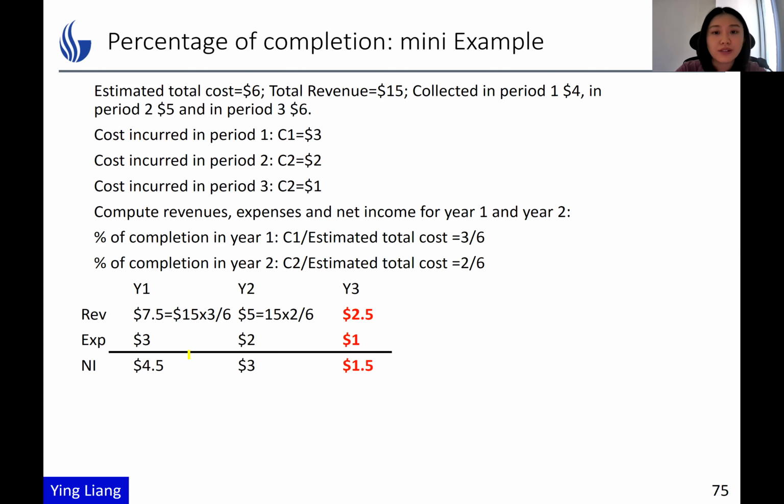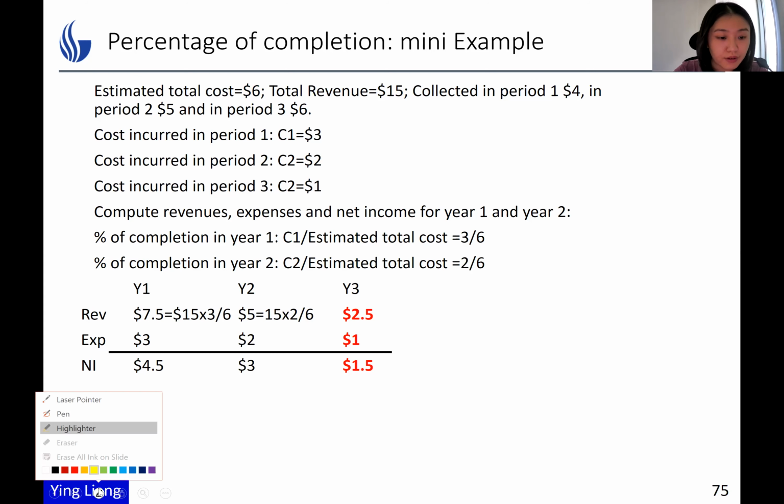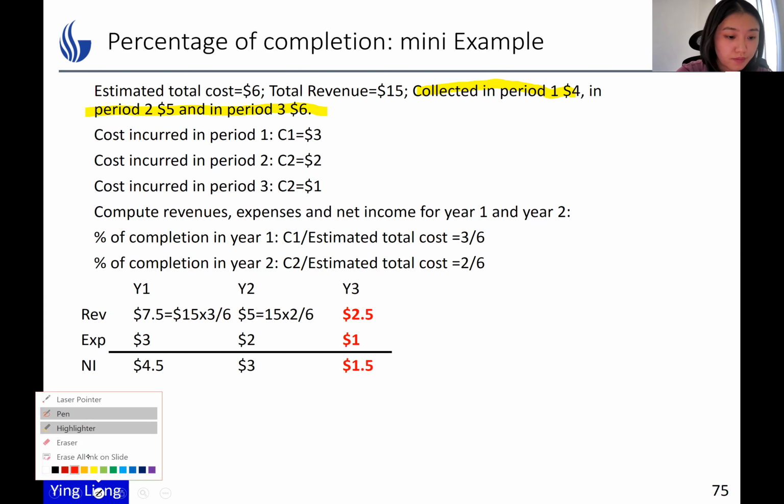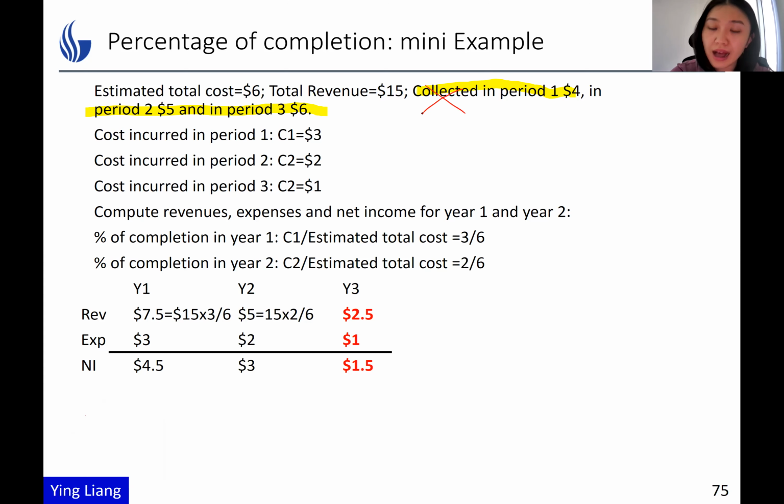Got it? Notice that we have never used this piece of information here, which is this one, right? I really do not care about the cash that we collect in each period.